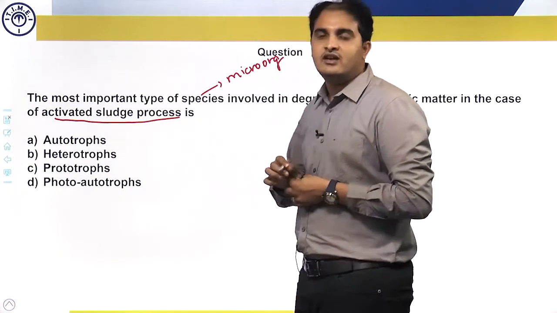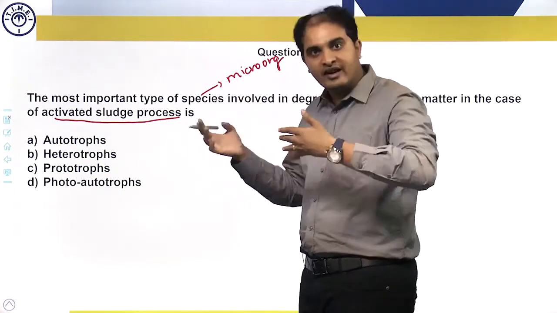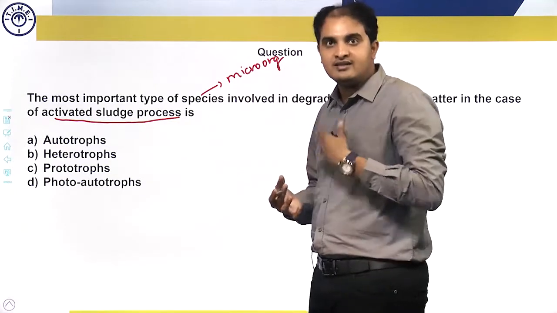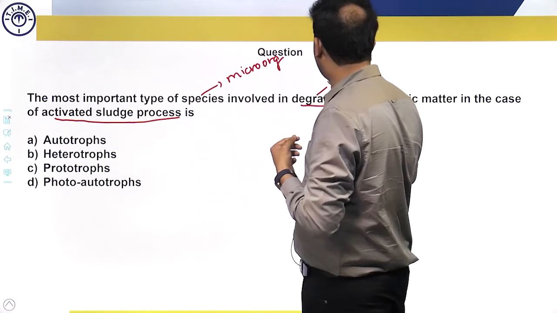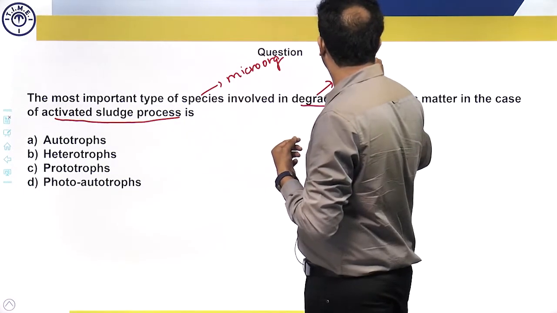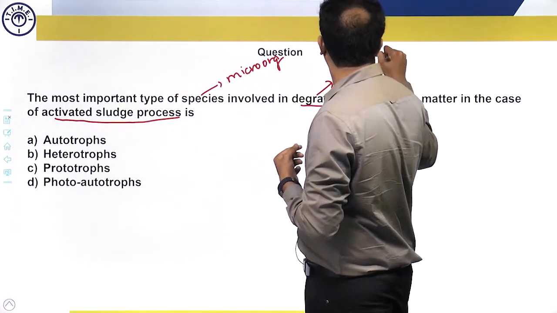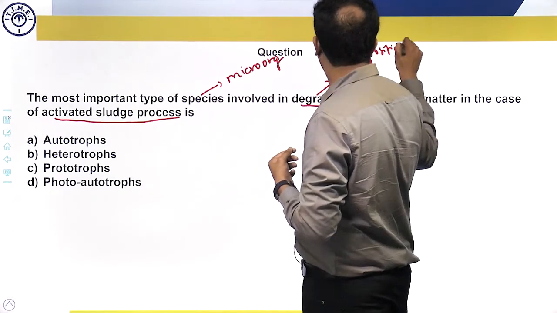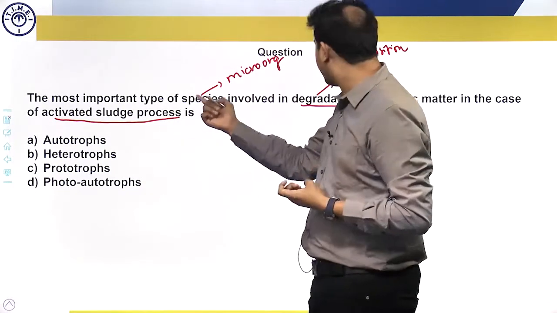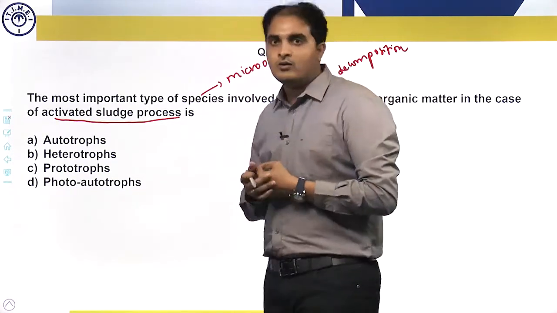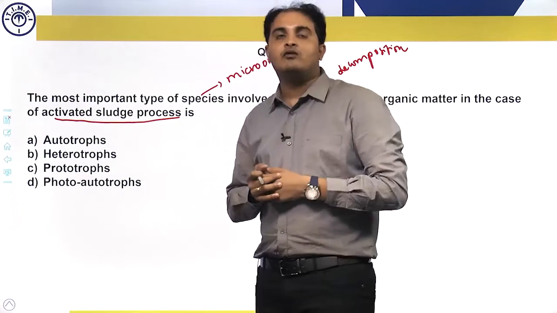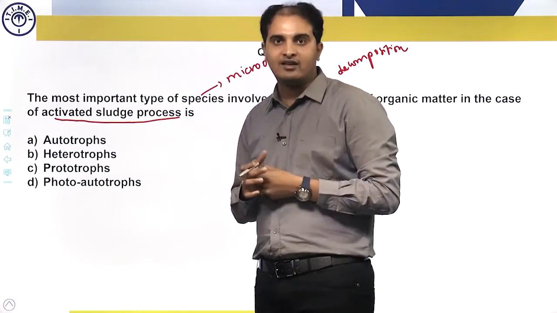As we discussed, in wastewater engineering, microorganisms are our friends because they help us to decompose the organic matter. Degradation means nothing but decomposition. ASP is an aerobic decomposition. That means we are supplying oxygen to the microorganisms in order to decompose the organic matter. That oxygen we are supplying is acting as food for the microorganisms.